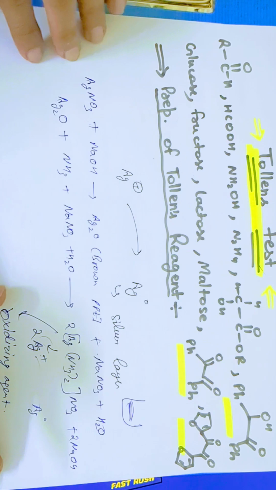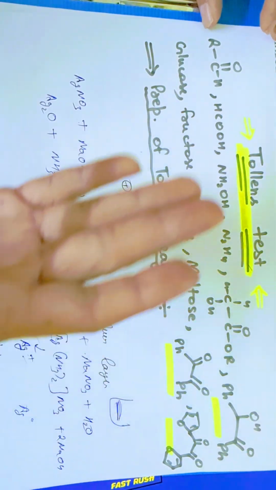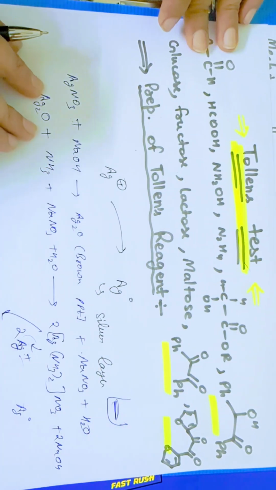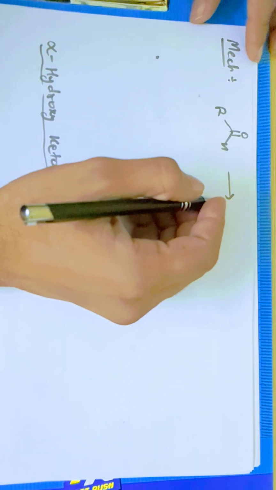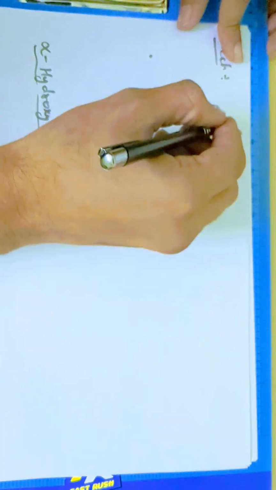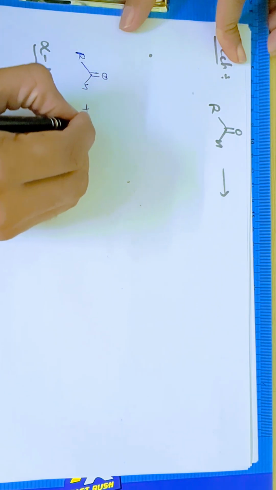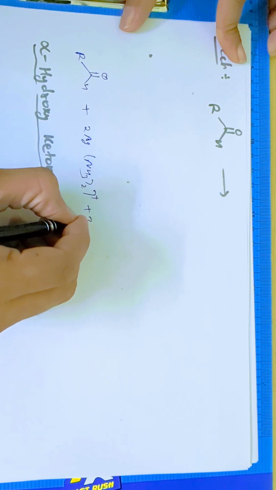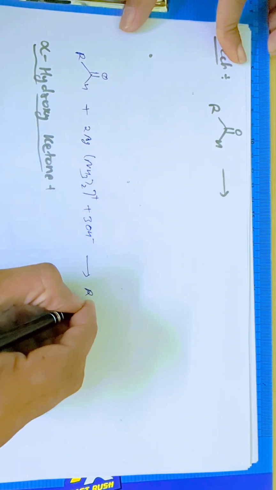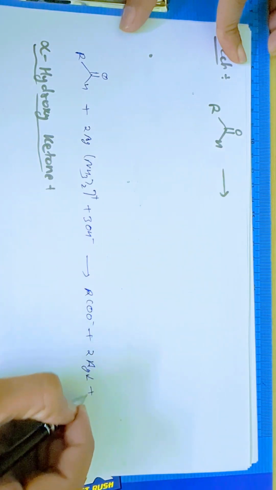Now let's see the mechanism and which species will give a positive Tollens test. First we will take an aldehyde. Let me write a normal reaction first. RCHO, the aldehyde, reacts with [Ag(NH3)2]+ plus 3OH negative, and we get elemental silver.